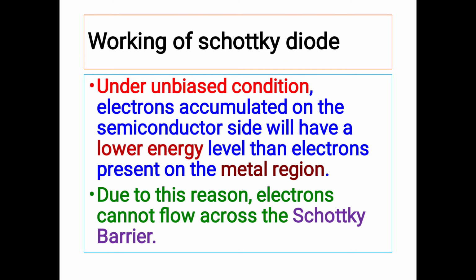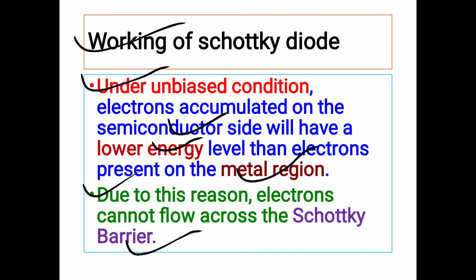Now we are going to study the working of the Schottky diode. If we are using the Schottky diode under the reverse bias condition, then the electrons accumulated on the semiconductor side will have a lower energy level than the electrons present in the metal region, and due to this reason the electrons cannot flow across the Schottky barrier.